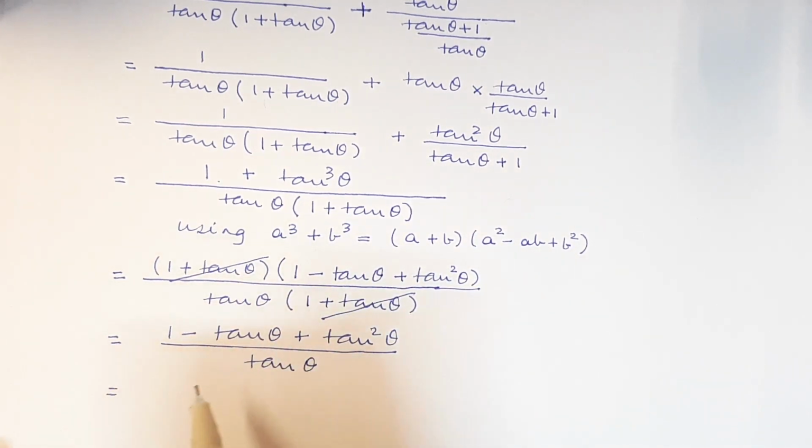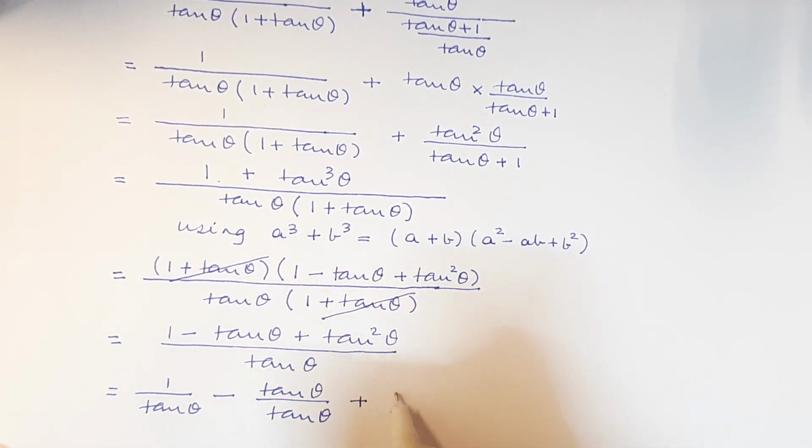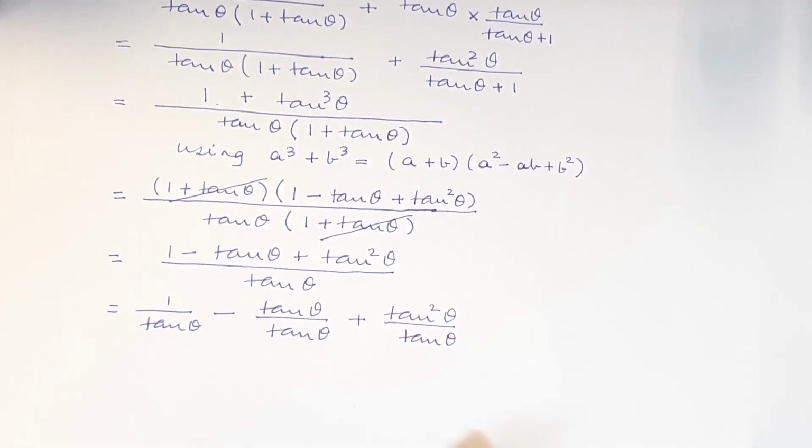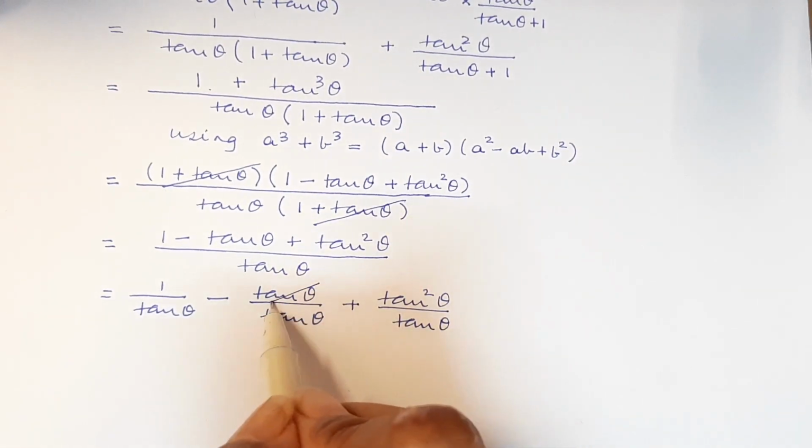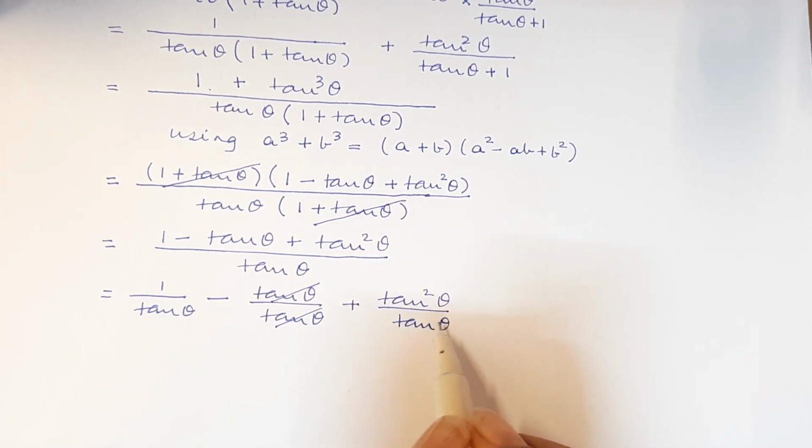But can we split it? Yes, we can. Each one of these terms is having the denominator as tan theta. So it becomes 1 upon tan theta minus tan theta upon tan theta plus tan square theta upon tan theta. Now, anything cancels? Yes. Anything else cancels?